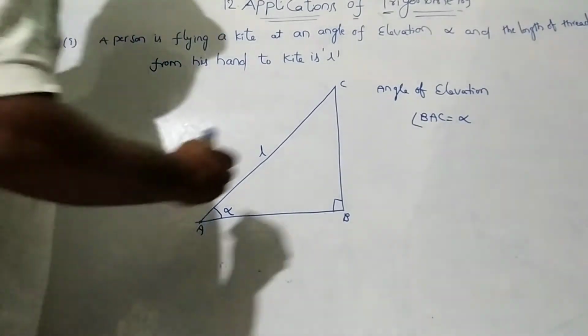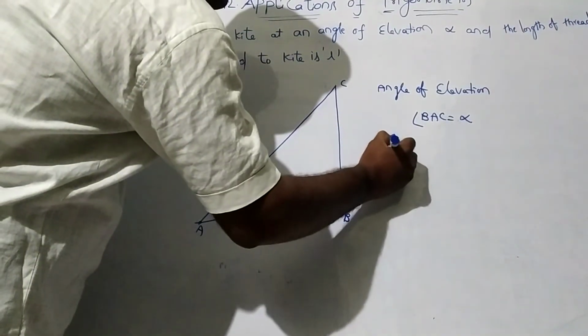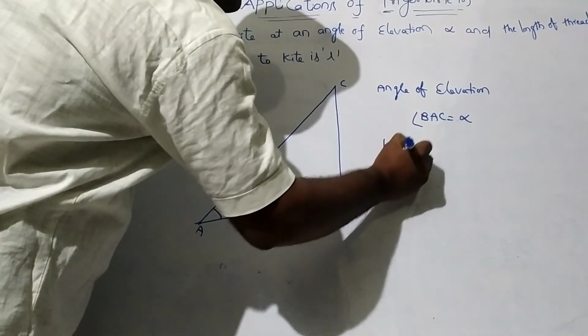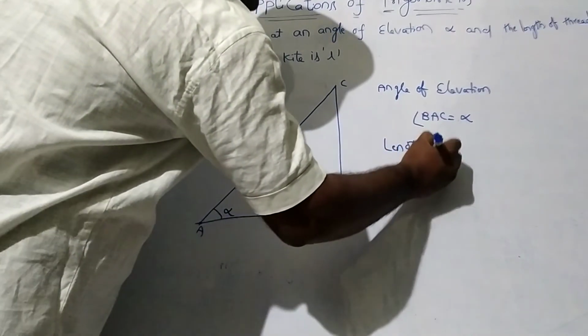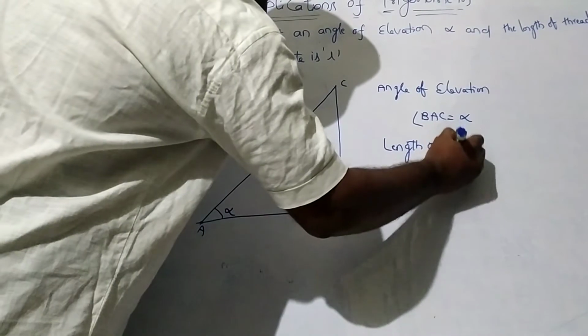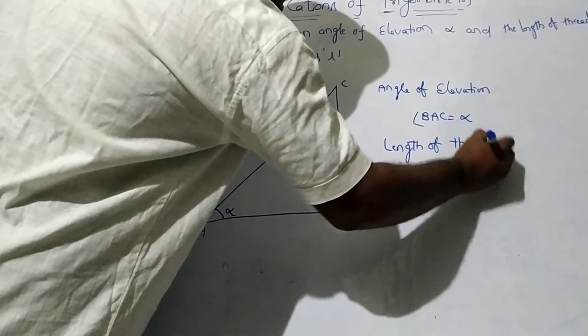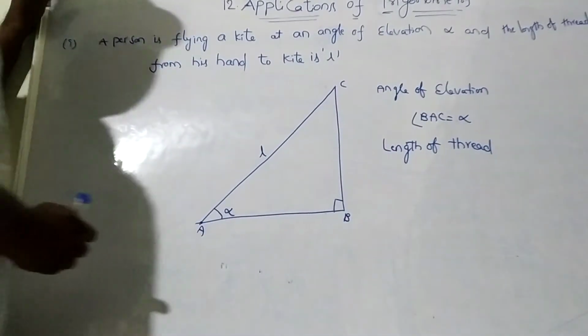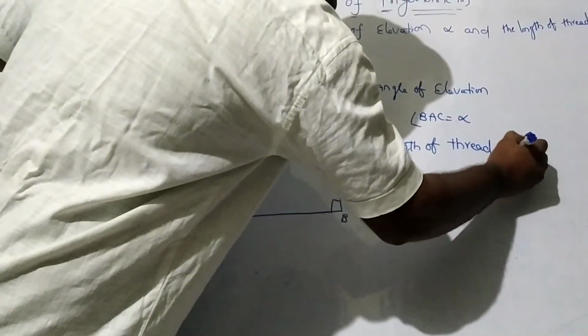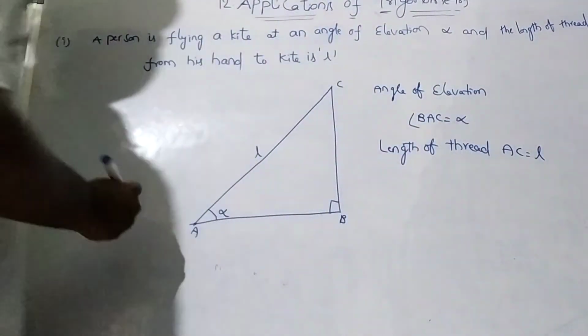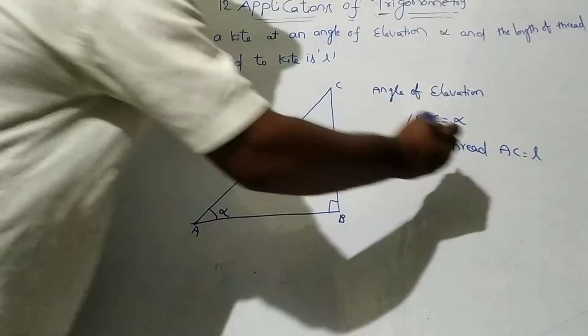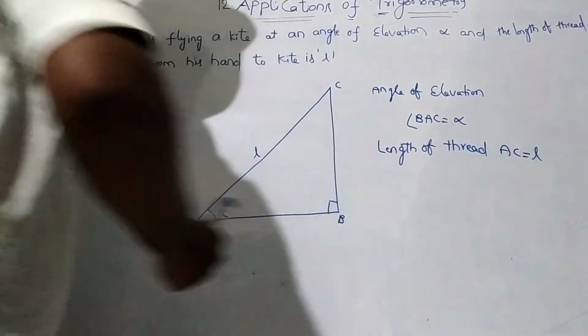Next, length of the thread: AC equals L. Length of the thread AC equals L.